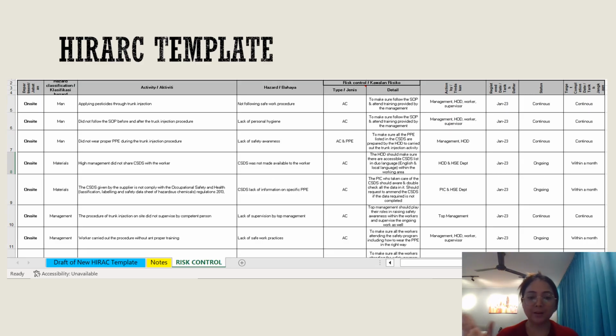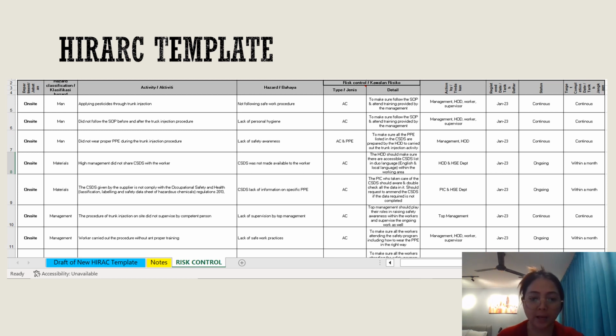Everyone, the last part is our hierarchy template. So this is our hierarchy template. As we can see, we have the activity listed, the activities that are carried out during working hours. For example, based on our case study, applying the pesticide through trunk injection.